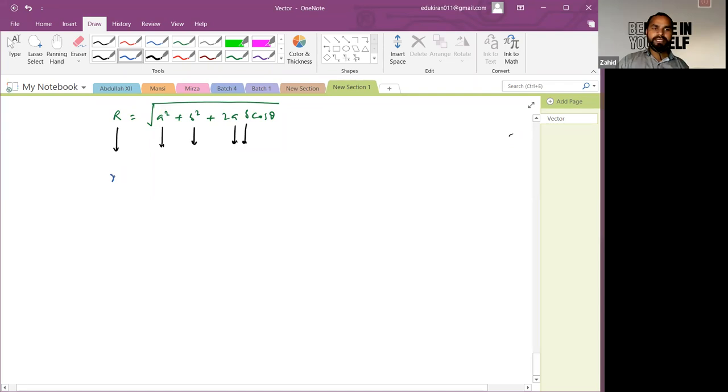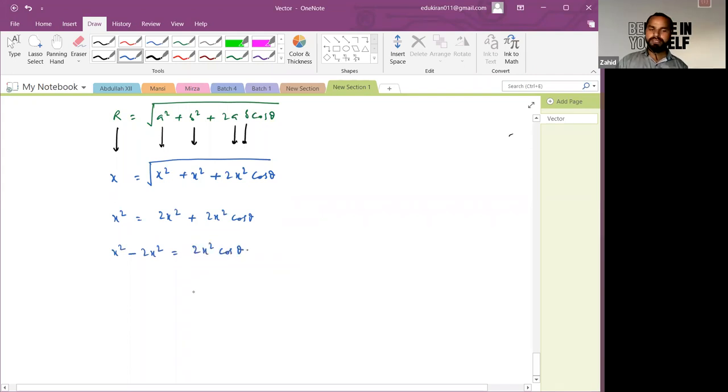Put the value of R to be x. So it will be x squared plus x squared plus 2 times x squared cos theta, root under. On squaring both sides, it will become x squared is equal to 2x squared plus 2x squared cos theta. Move this term to the other side, it will be x squared minus 2x squared is equal to 2x squared cos theta.